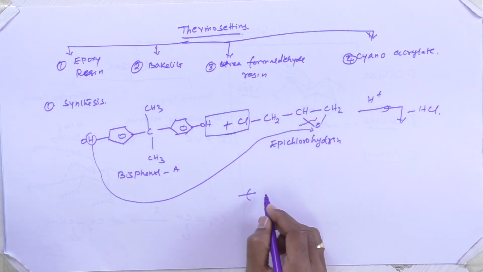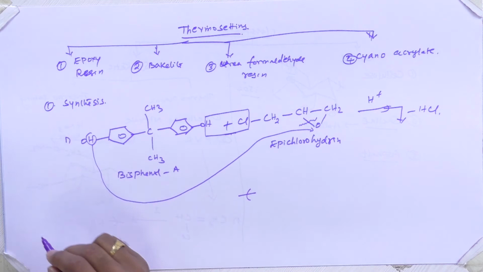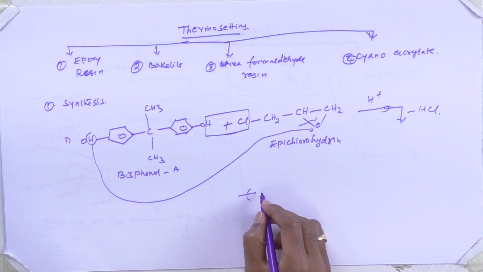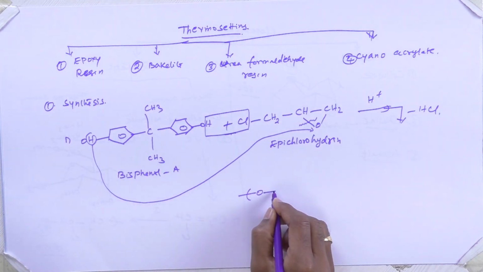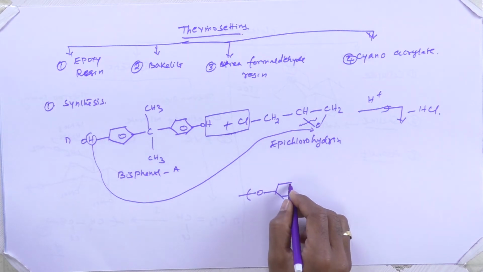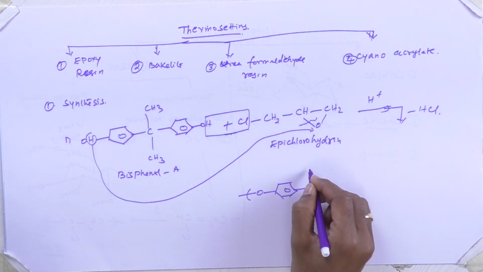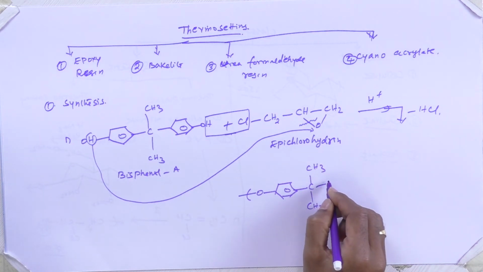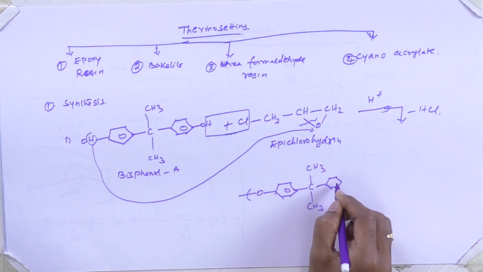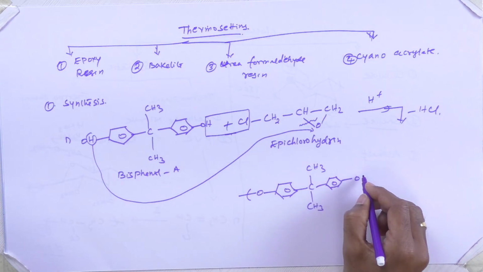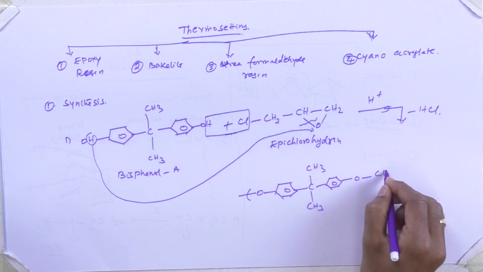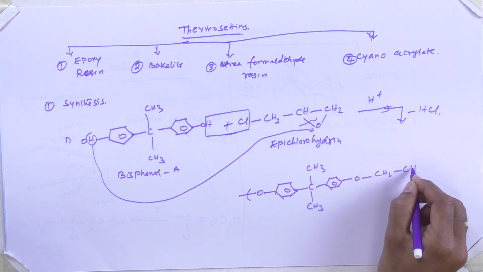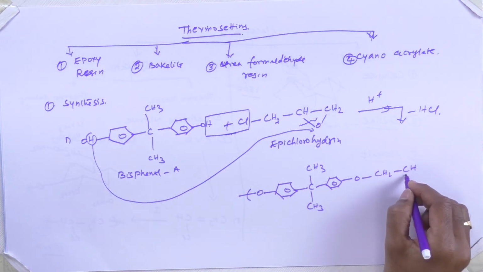Now it forms, so n number of monomers we are supposed to take, oxygen, CH2, CHOH.